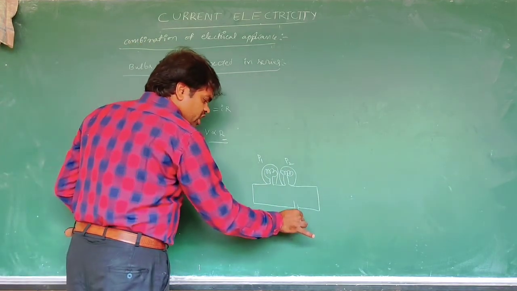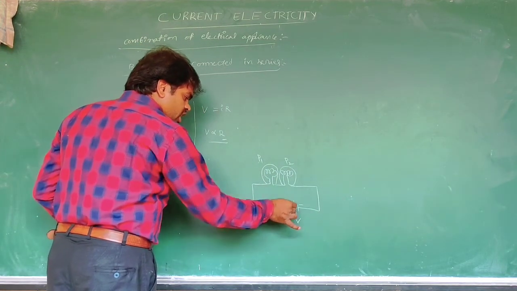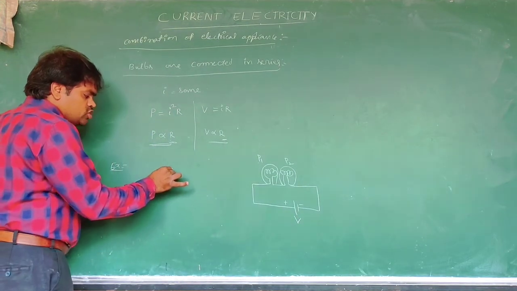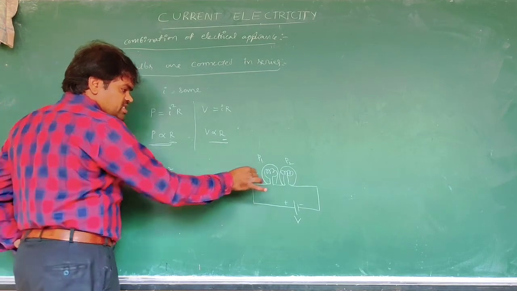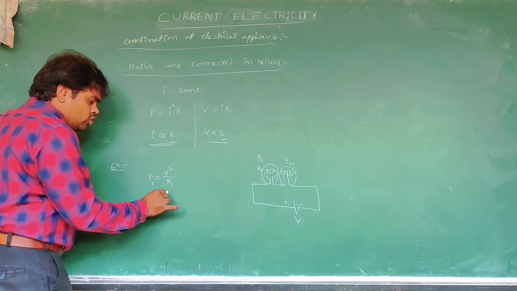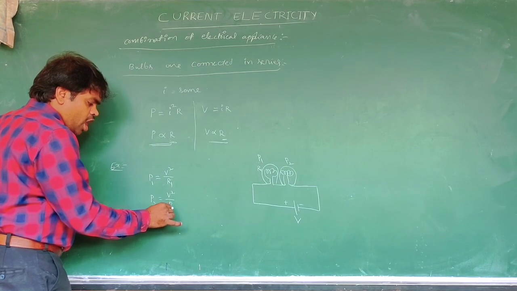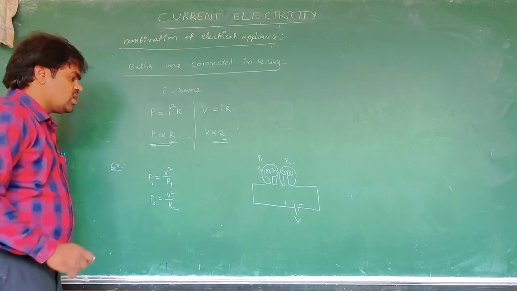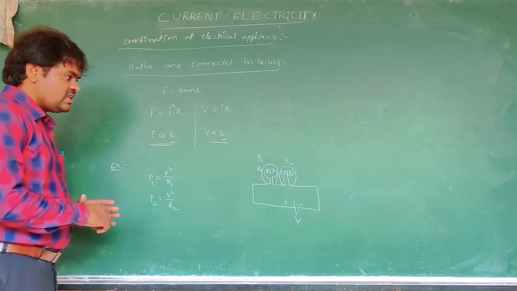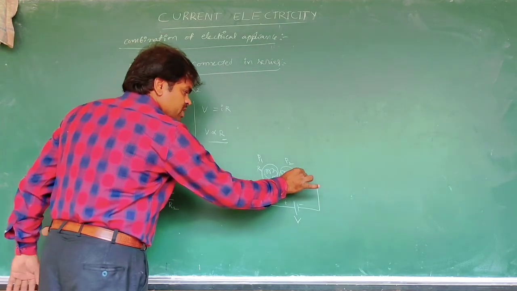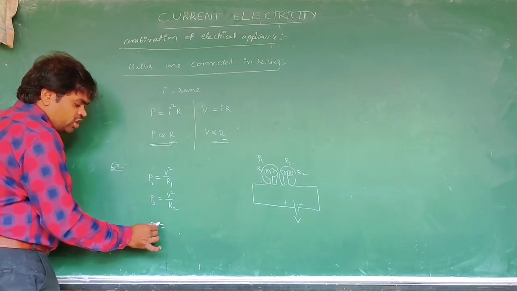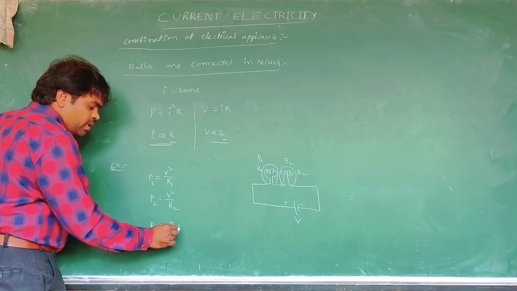The applied voltage is V. Then P1 is equal to V square by R1, where the resistance is R1, and P2 is equal to V square by R2. These are connected in series, which means the resistances are in series, so Rs is equal to R1 plus R2.